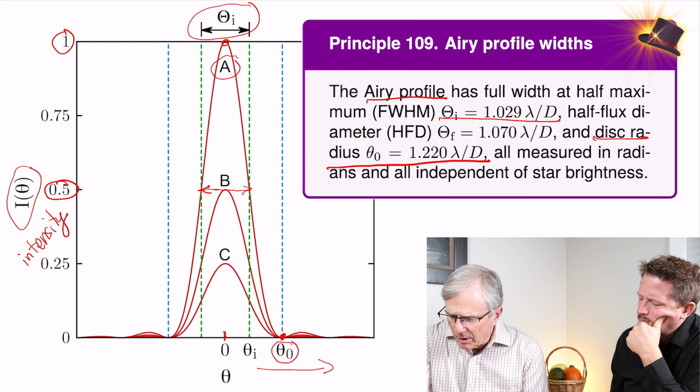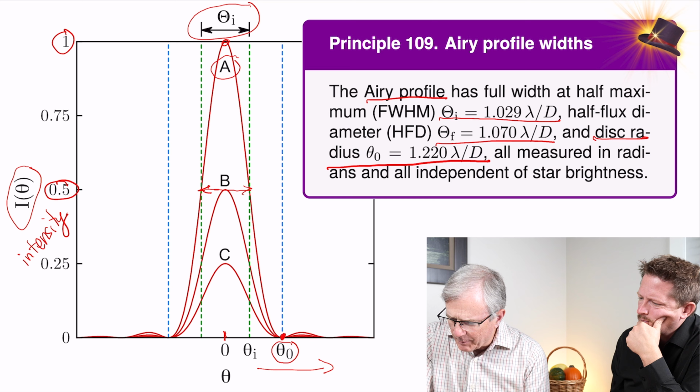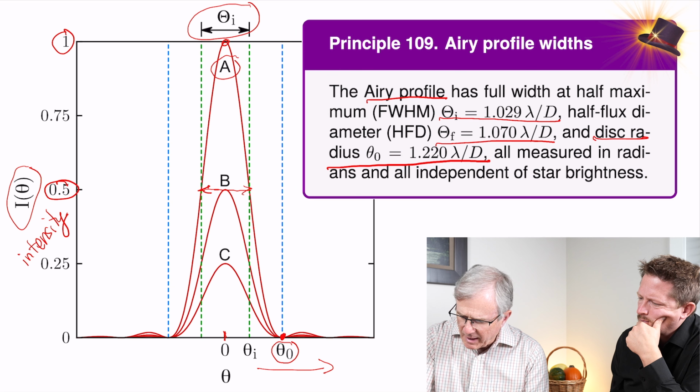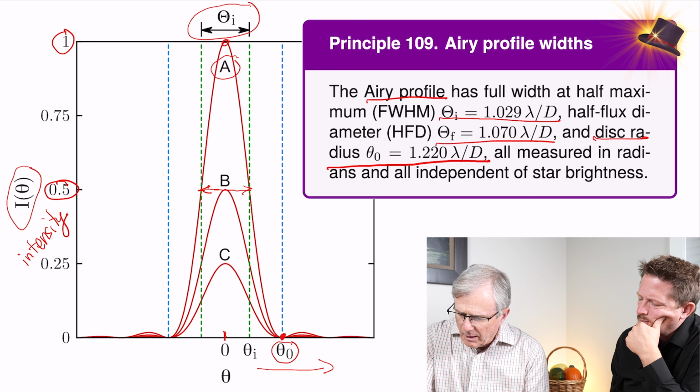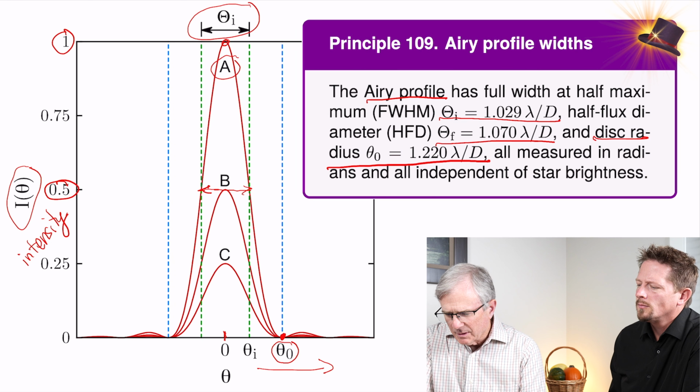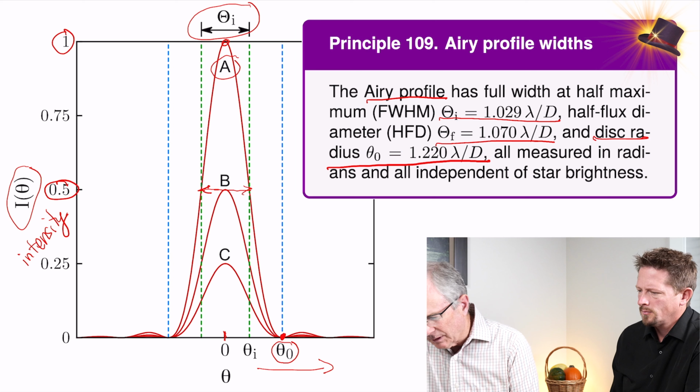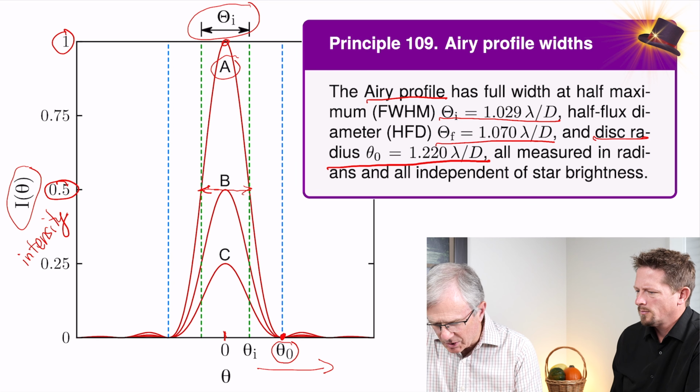There's another diameter called the half flux diameter, which, as you can see, where the full width at half max is 1.029, about 1.03, the half flux diameter is 1.07, so they're only like 4% different from each other.